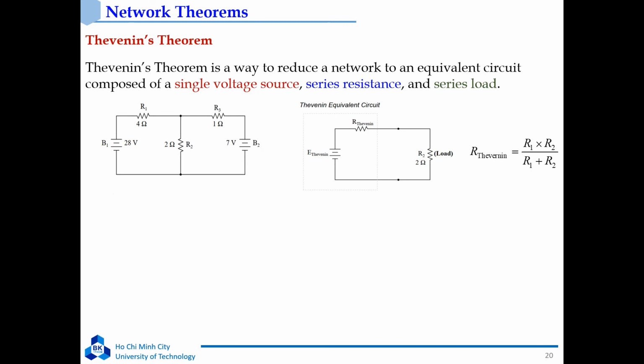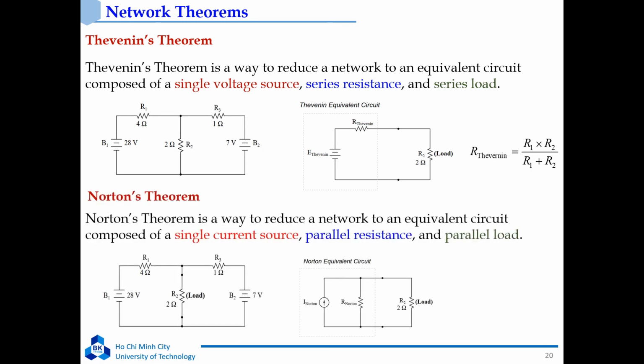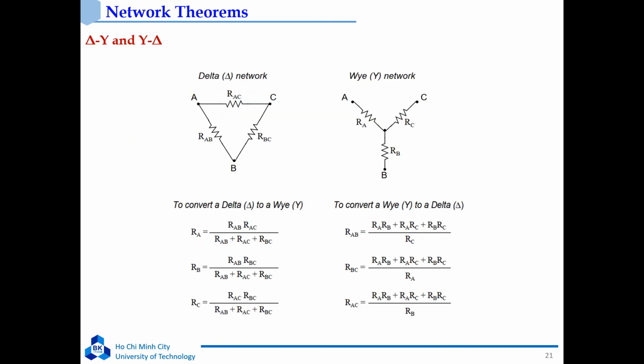And the second one is Norton's theorem. Norton's theorem is a way to reduce the network to an equivalent circuit composed of a single current source, parallel resistance, and parallel load. And finally, to make it convenient to analyze the circuit, you can transform the delta network to the Y network, or from the Y network to the delta network, using this formula. And this is the last part of this week.